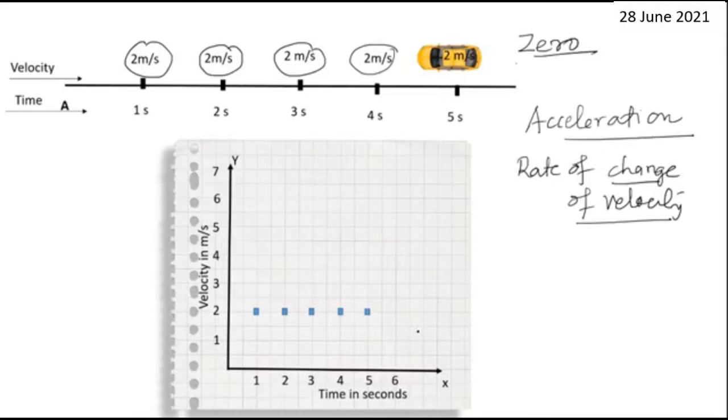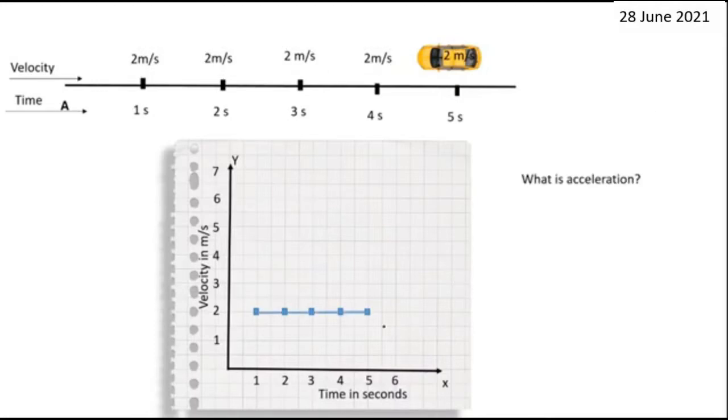Now suppose you are given a graph, velocity against time, where you find a straight line parallel to the time axis, and you are asked to answer what is the acceleration without having any values on the graph, simply velocity and time on the axes.